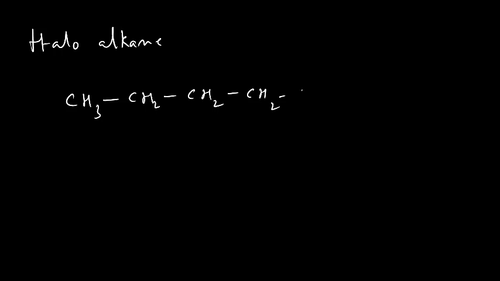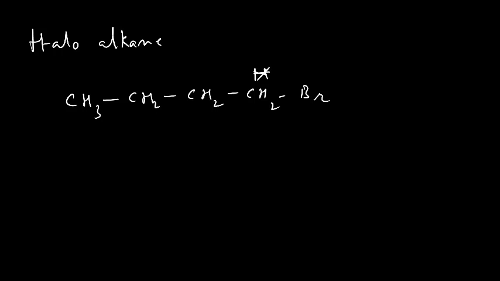With respect to a haloalkane, here let us take CH3, CH2, CH2, CH2Br, and of course this is the carbon bearing halogen. Let us represent it with a star mark.